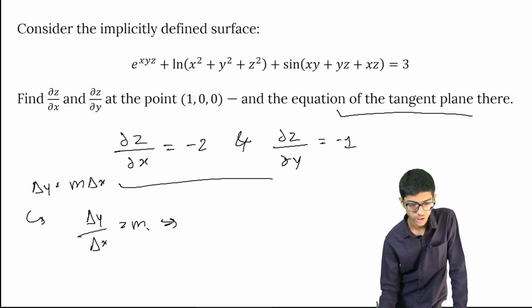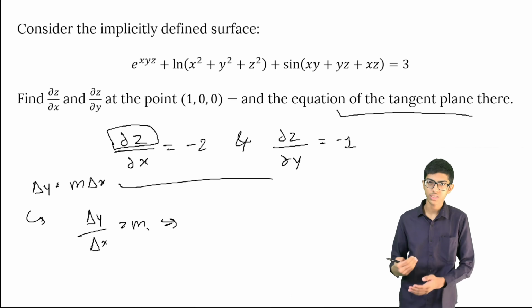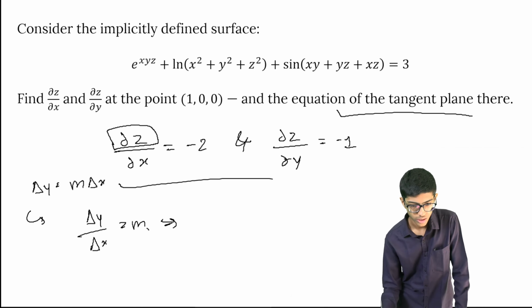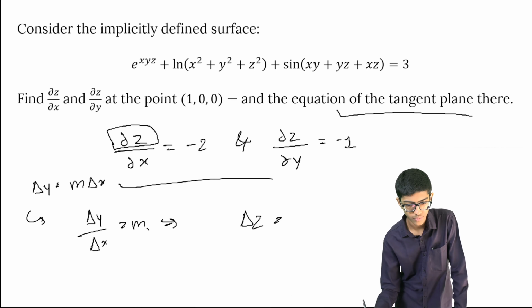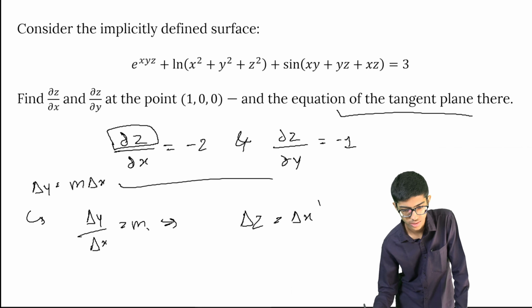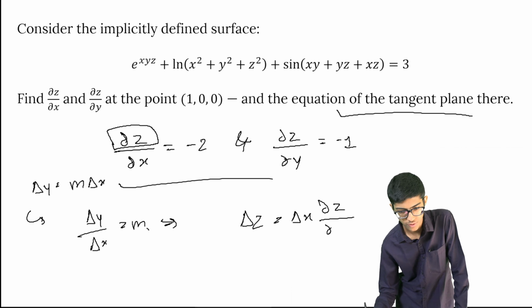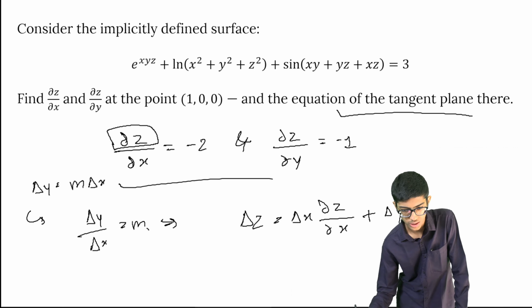In a three-dimensional plane, however, since we are finding the changes in the z direction, we have delta z equals delta x into the partial derivative of z with respect to x plus delta y into the partial derivative of z with respect to y.